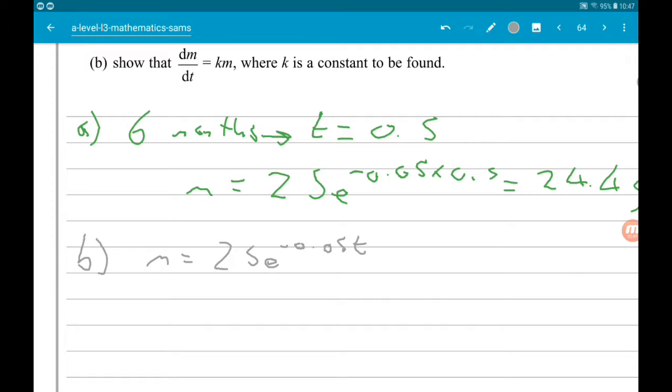So we're going to have dm by dt is minus 0.05 times 25 e to the minus 0.05 t.